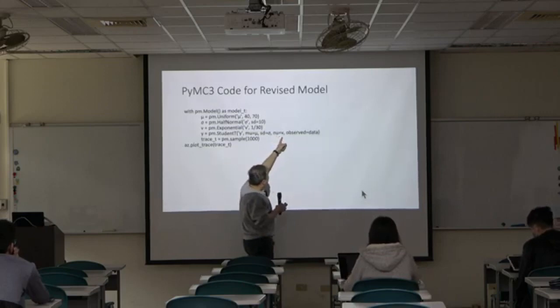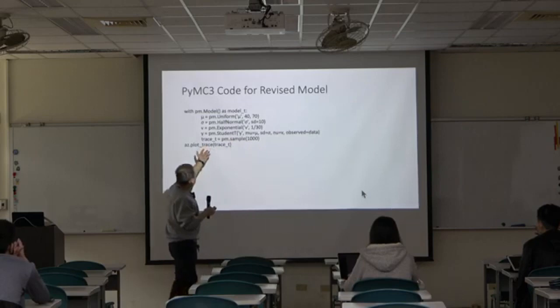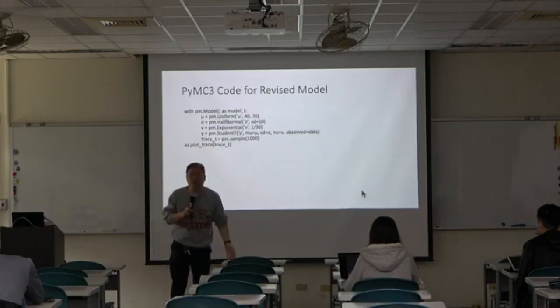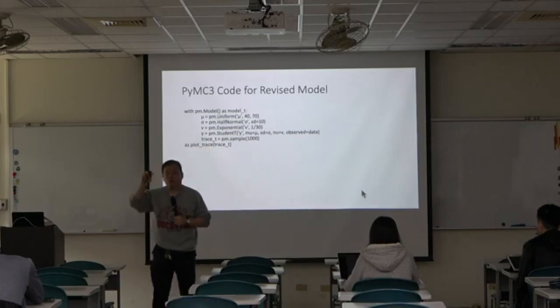Observed equals data, and then we call this model model T, which is different from model G because model G uses Gaussian.